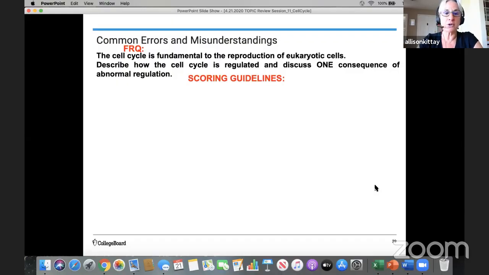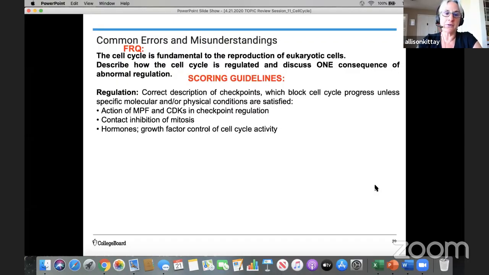Okay, so the scoring guidelines are divided into regulation and consequence. For regulation, there needed to be a description of the checkpoints, and make sure that all three of those checkpoints were discussed. In your description, the action of MPF and Cdks needs to be discussed in relation to checkpoint regulation.